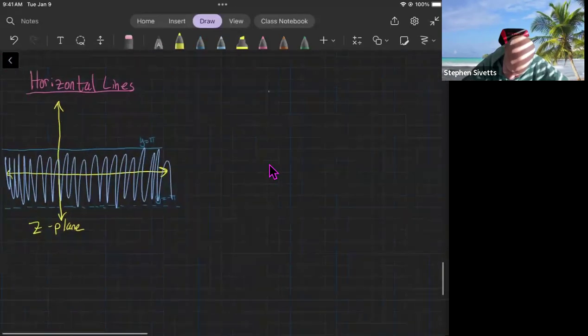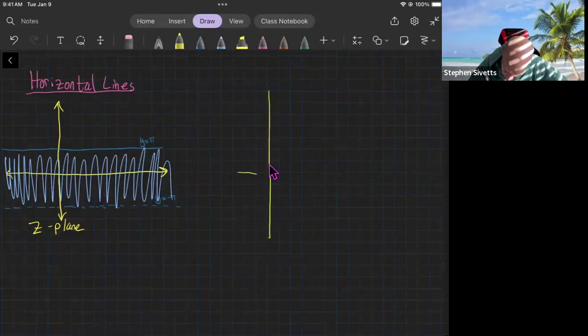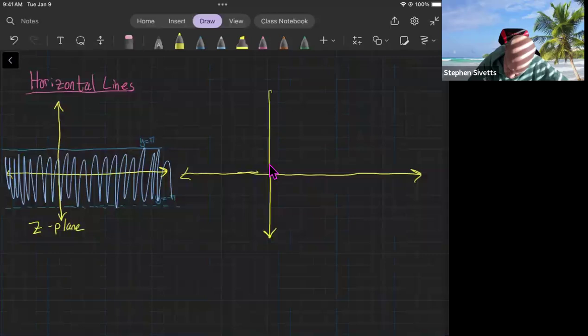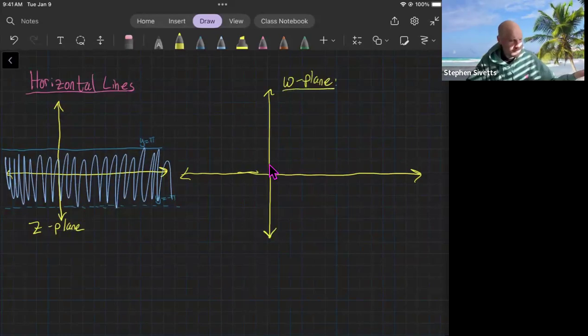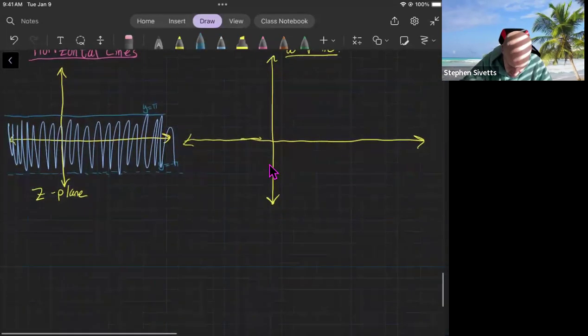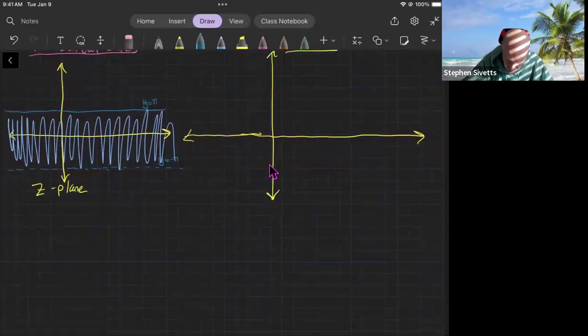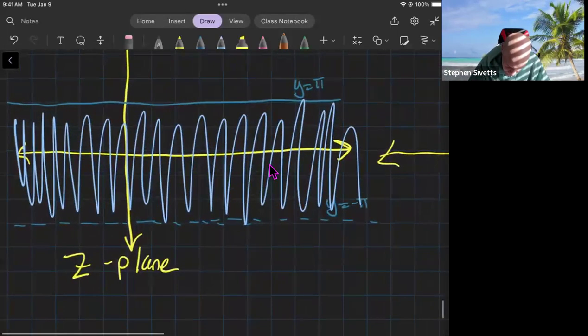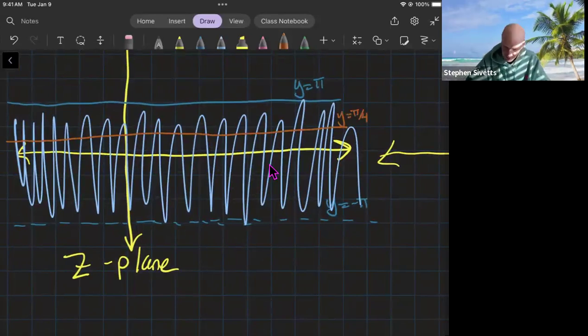And then here is the w plane. Okay, so we're going to look at horizontal lines. So let's look at, for example, what y equals pi over 4 looks like.